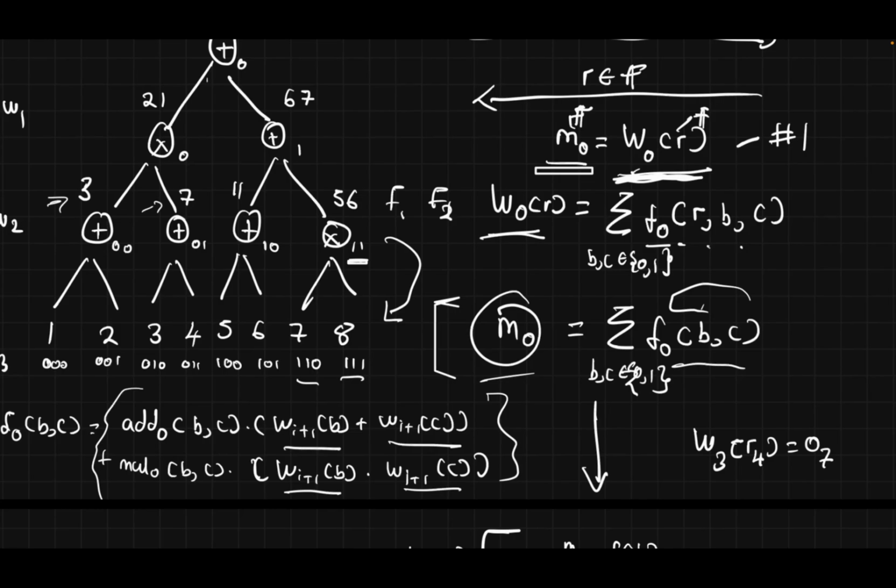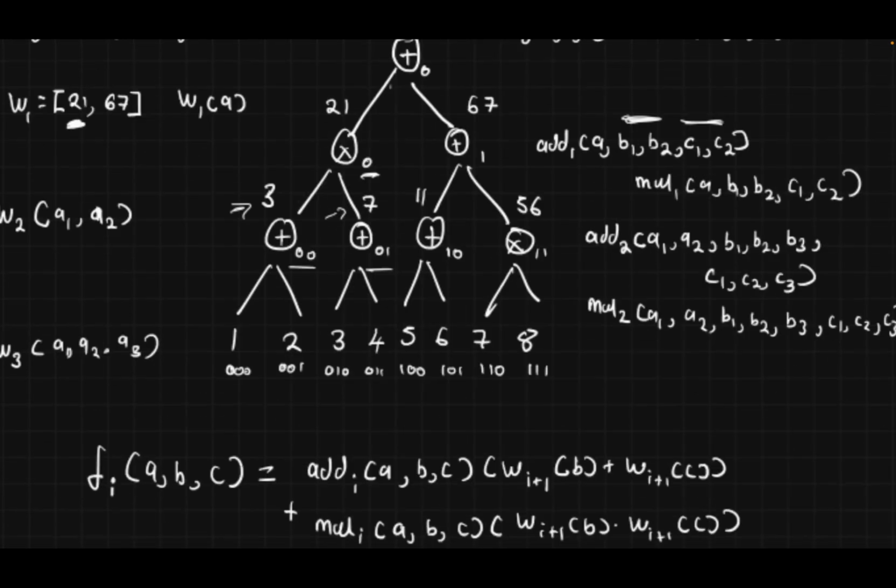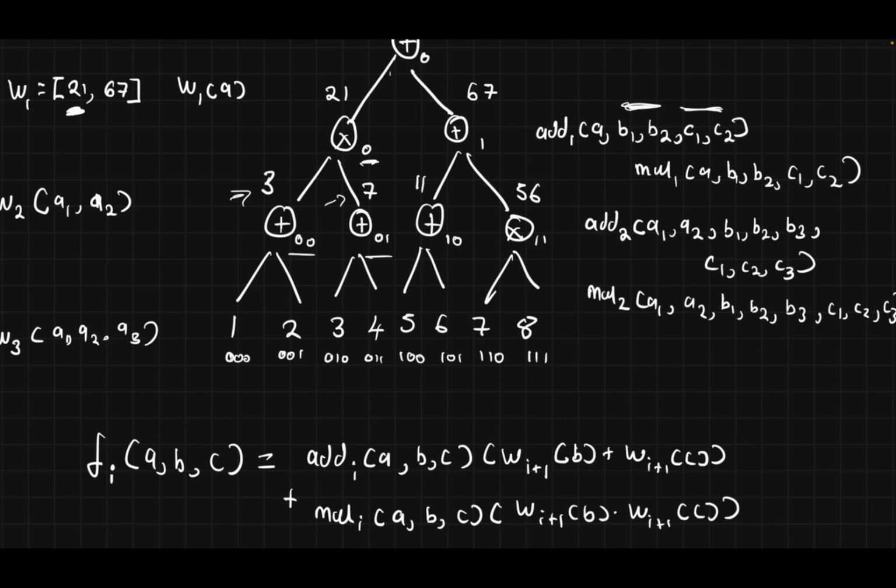Do you understand? See, now this is what our add and mult look like: 2 for A, 3 for B, and 3 for C, whether bit or field. Do you get it? The final signature is fixed.